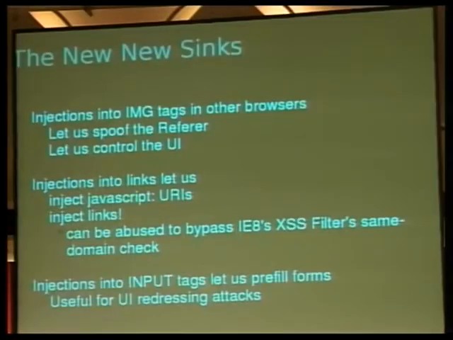But if you have the ability to control the location of an image tag, either through straight XSS or more commonly through DOM-based XSS, where JavaScript simply edits the location of an image tag, then you can spoof the referrer of a request, or you can leak the current location in the referrer to your site, or even control the user interface, which, while usually derided as irrelevant, does help you with other attacks.